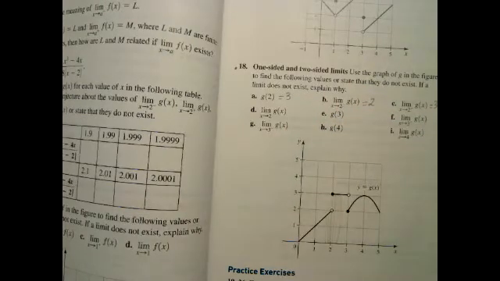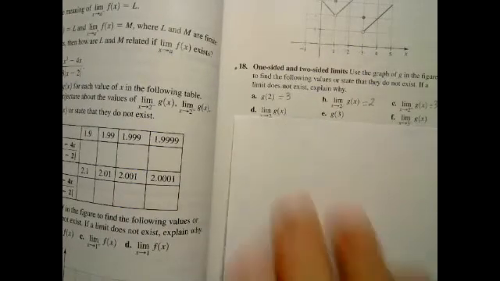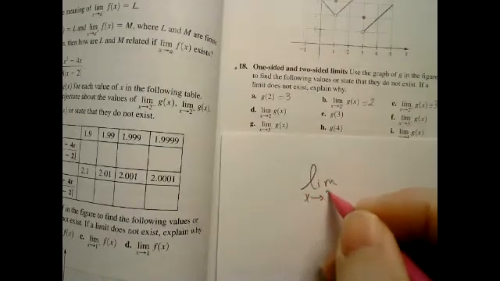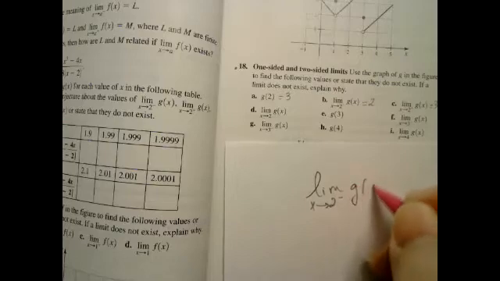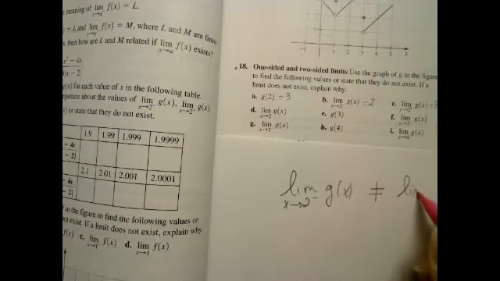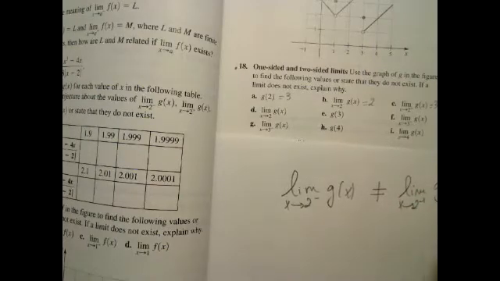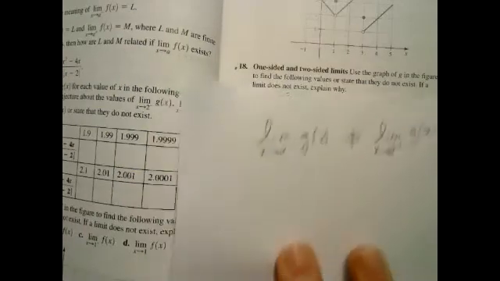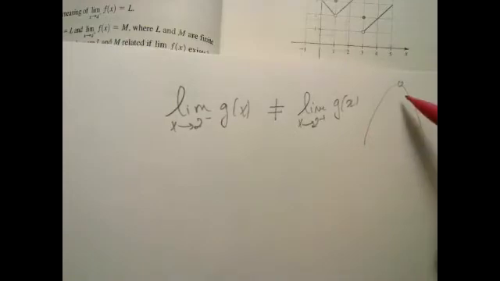Okay? So let me write on a piece of paper so you guys know exactly how we handle that. Since the limit from the left of the function is different than the limit from the right, for the limit to exist, from both sides they have to approach the same value.